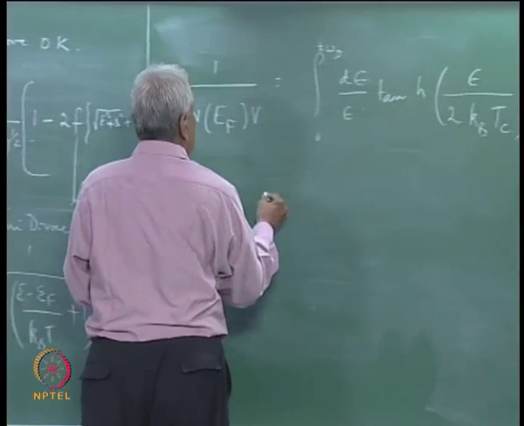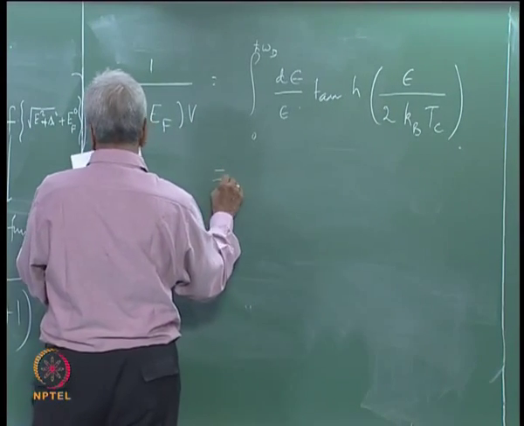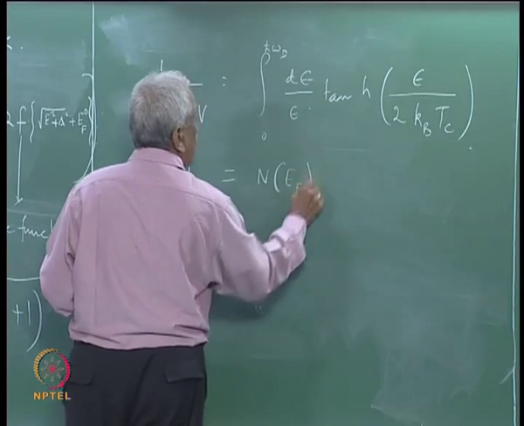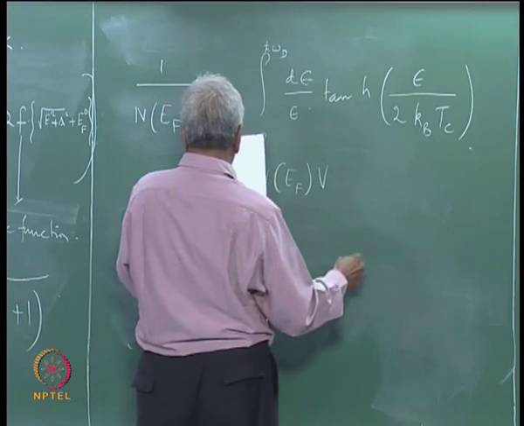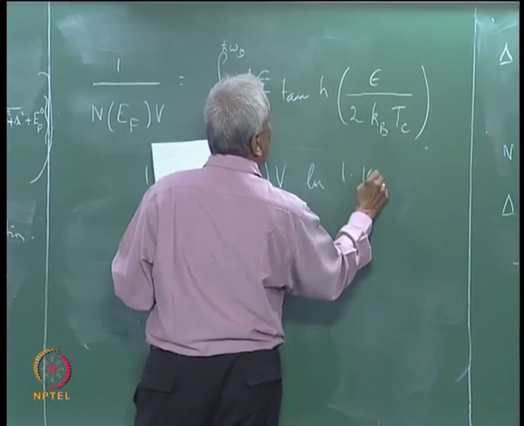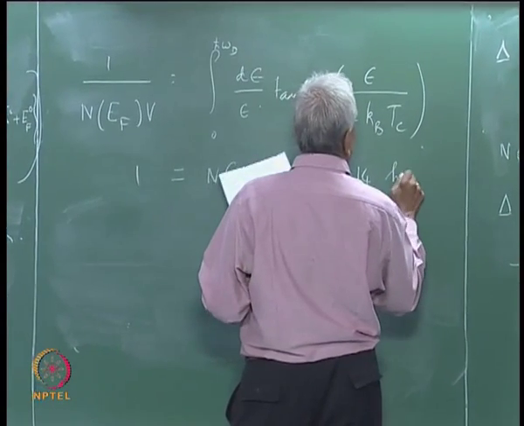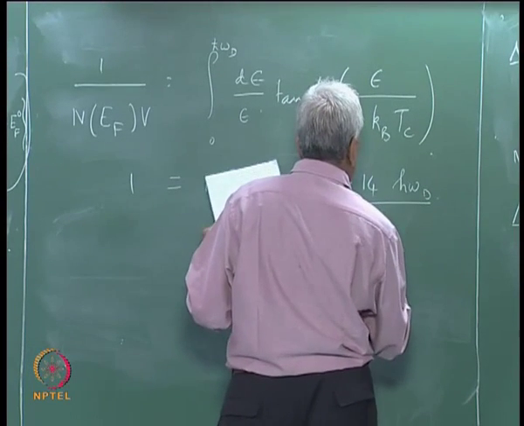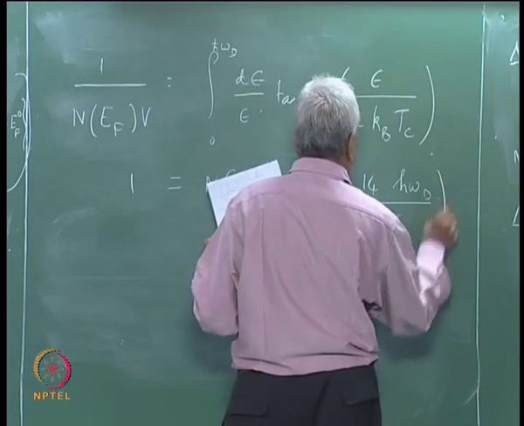Therefore, evaluating this numerically, we get 1 equal to n of E f V times log of 1.14 h cross omega d by k B T c.